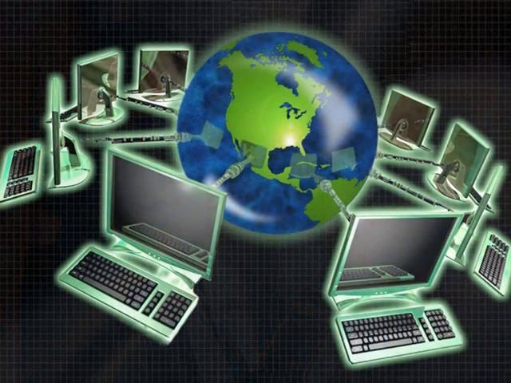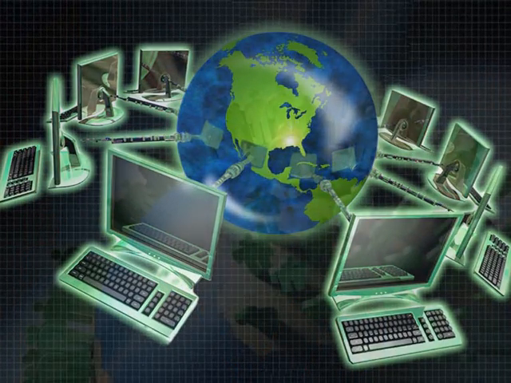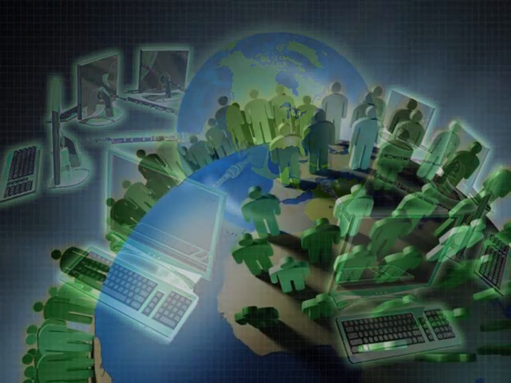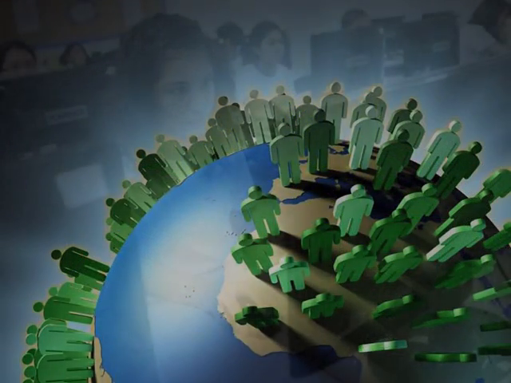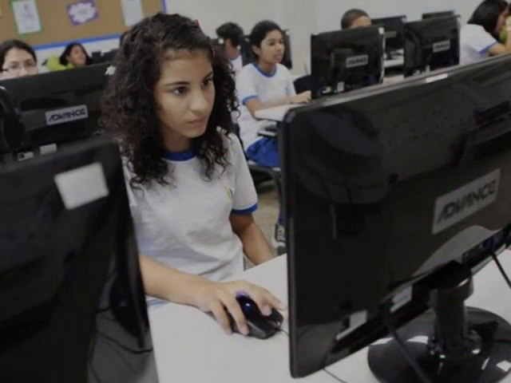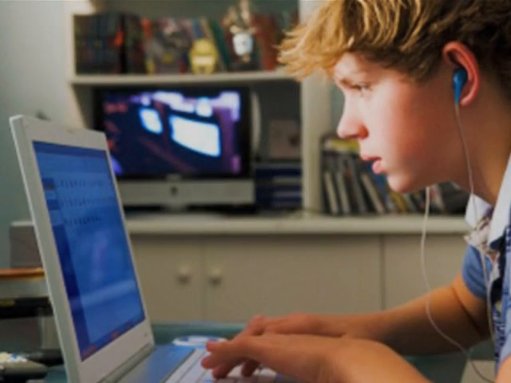Let us see at the global level how ICT is doing. The total population in the world is almost 7 billion people. One third are using the internet, and 45% of the world's internet users are below the age of 25 years.